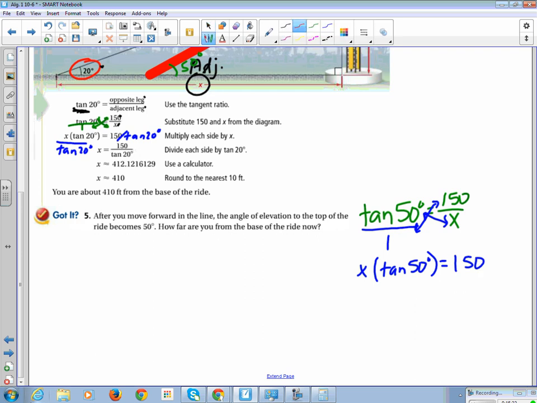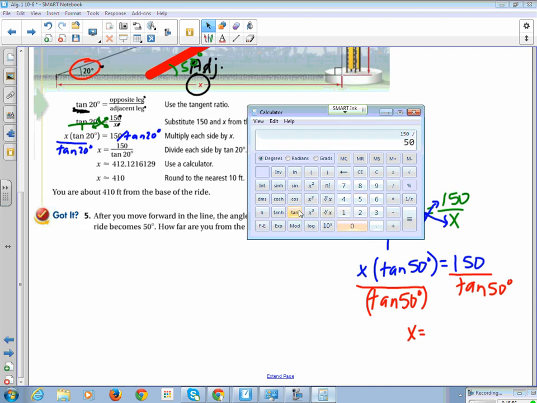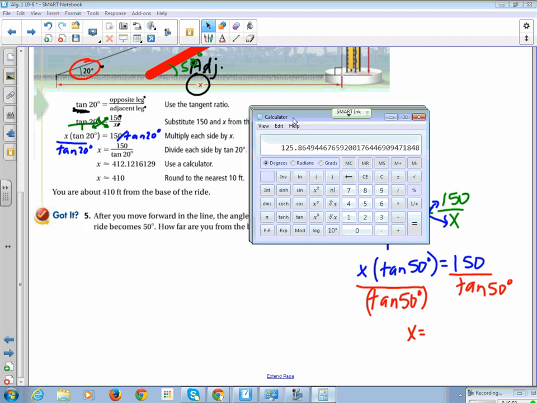We've already solved this once, but it's good practice to solve it again. I'm going to divide by tan of 50 degrees so that I can solve for x. And x equals a simple calculator chug. 150 divided by tan of 50 is 125.86.